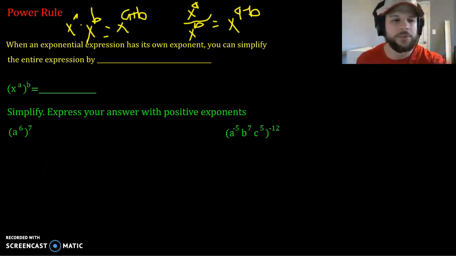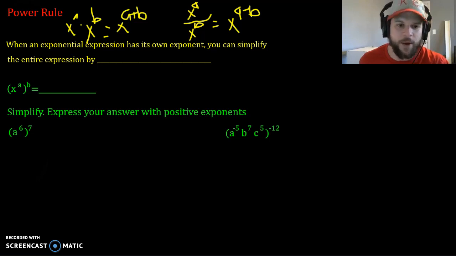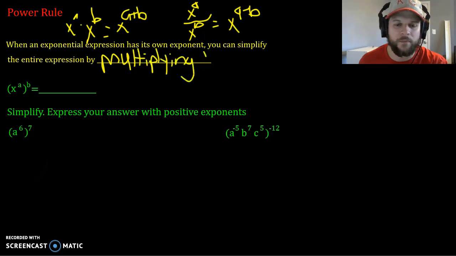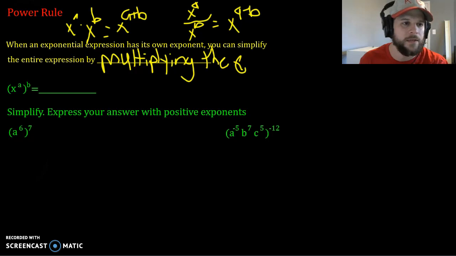In the power rule, what this tells us is that when an exponential expression has its own exponent, you can simplify the entire expression by multiplying your exponents. Multiplying the exponents.